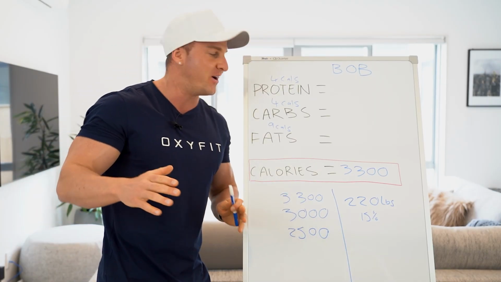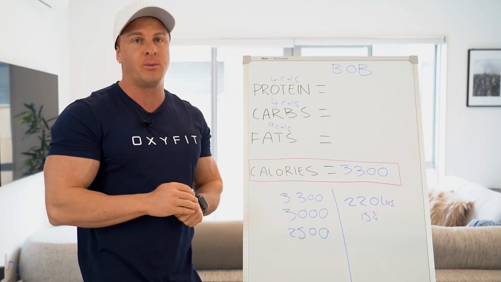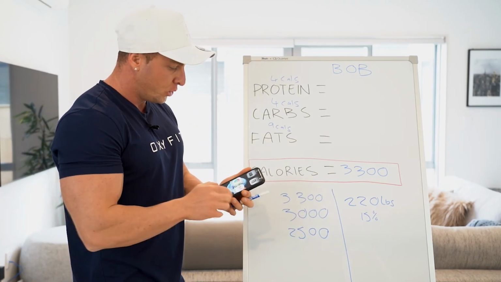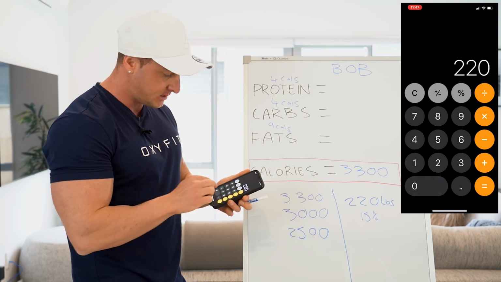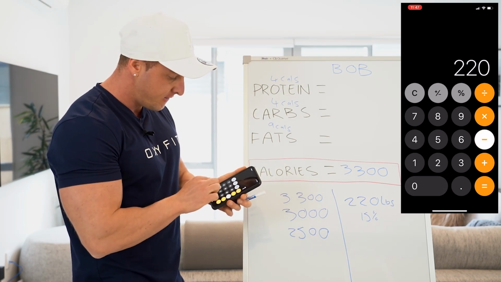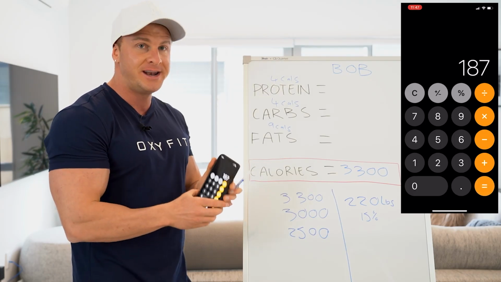I've got the writing of a 6-year-old. Now, how do we work out his lean body weight? We go 220 pounds minus 15% body fat equals 187.